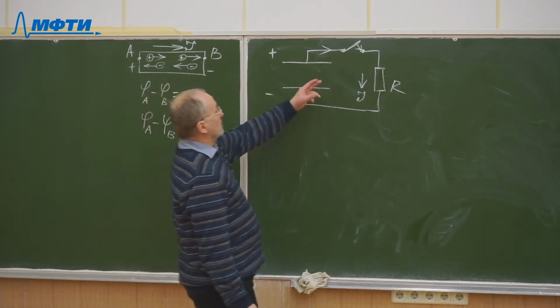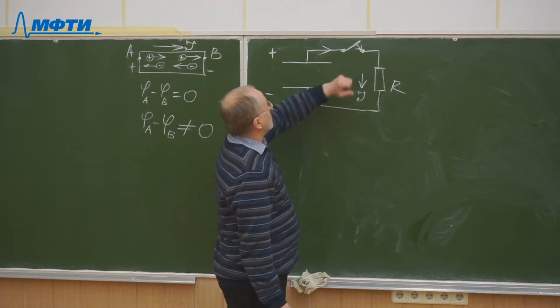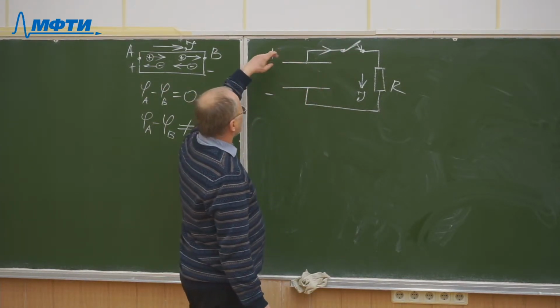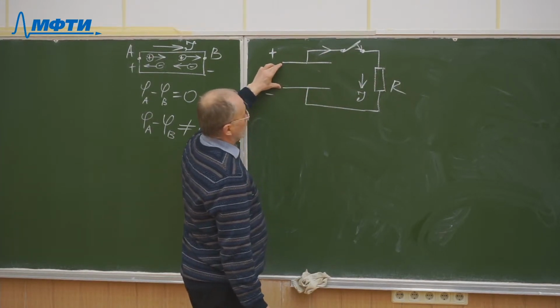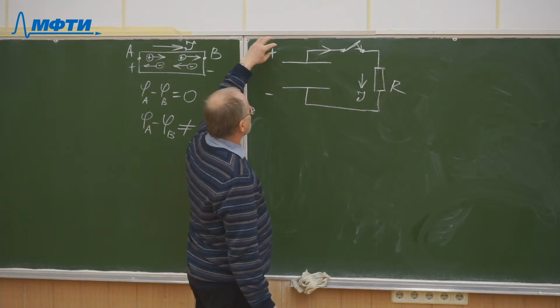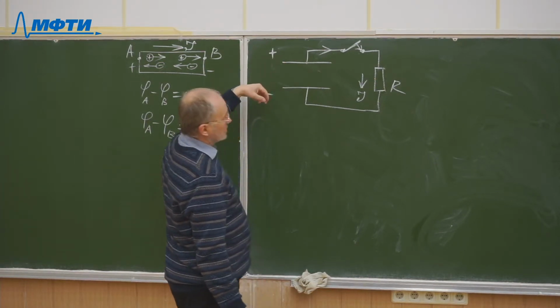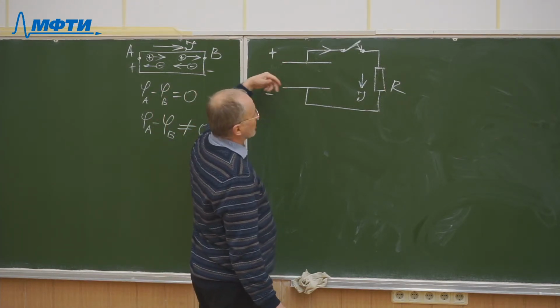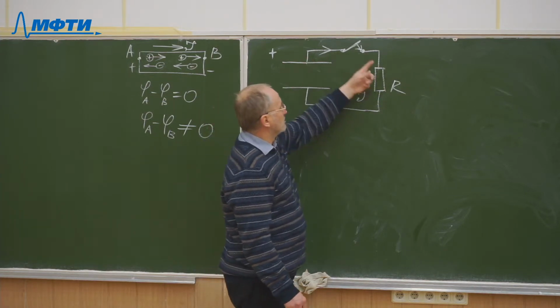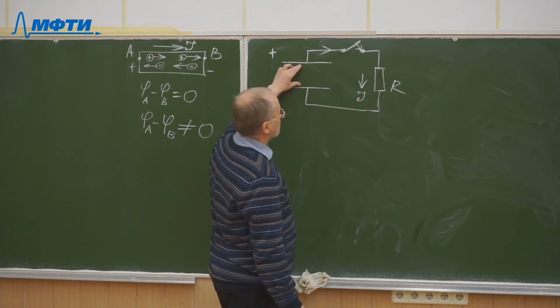What will happen if we close the key? Then the charges will flow and the capacitor will discharge. It means that the amount of charges on both plates will decrease, and will decrease until the potential difference is zero. The current will flow until the potential difference is zero.